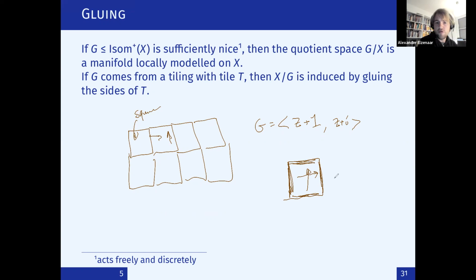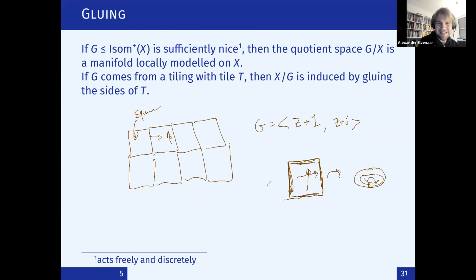And if you just view this action on the edges, then this group action is giving you the normal action which induces the torus as a quotient of the square. So here the two pairs of edges are mapped onto the standard homotopy basis for the torus.